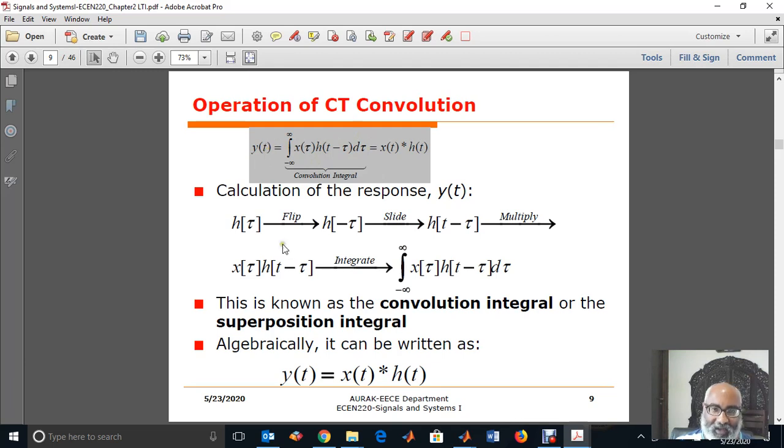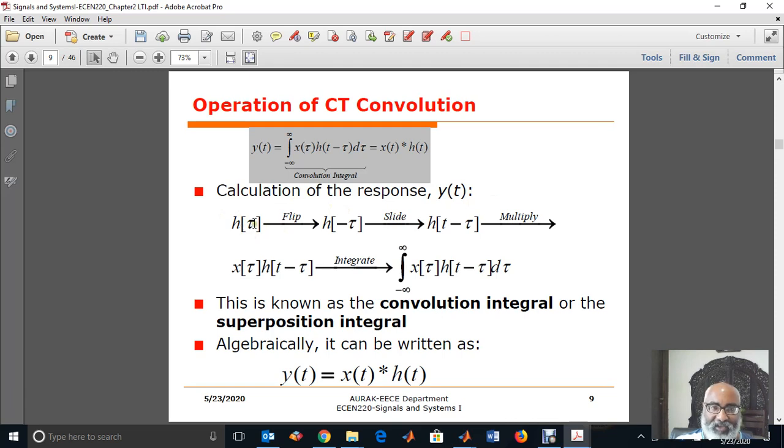So what are the steps? First, we change x of t and h of t to x tau and h tau. This is very easy. We just replace the time t by tau, so if your x-axis is variable t, you will make the x-axis variable tau.